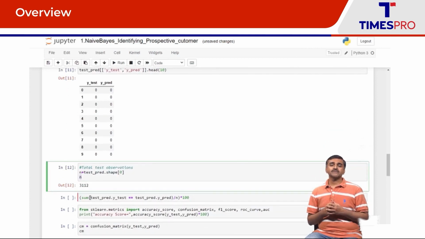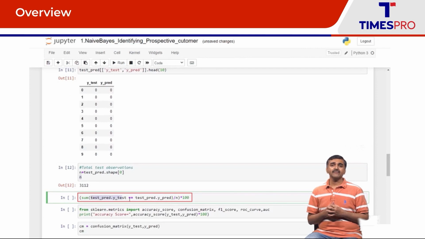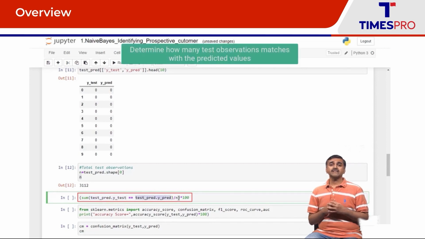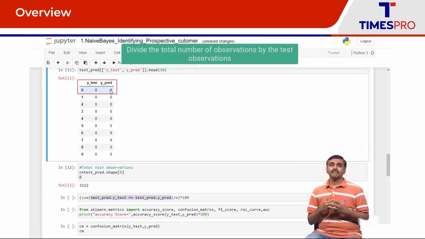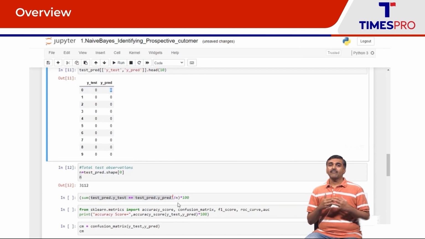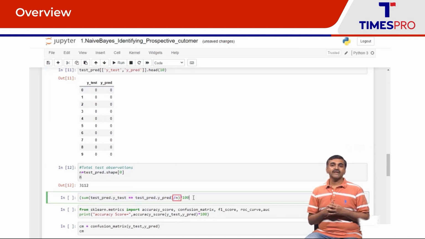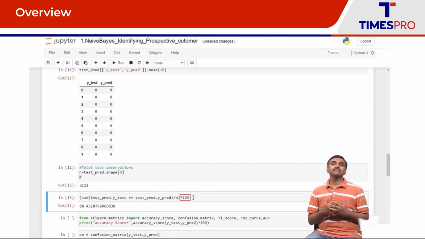Here are the predictions made using the Naive Bayes classifier along with each of the test observations. Next, I am finding out how many test observations match with the predicted values, and I am dividing it by the total number of test observations and then multiplying by 100 to express it in percentage.